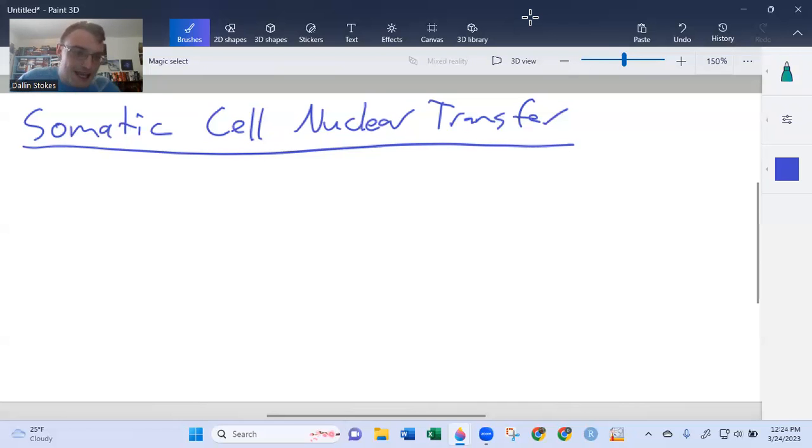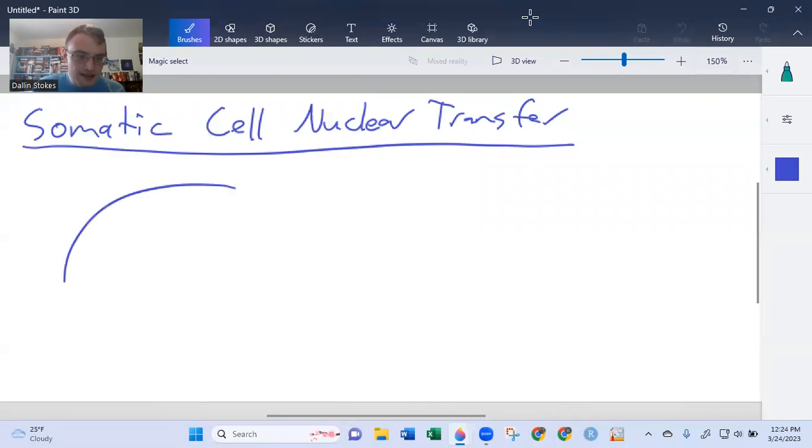But if we were to take an egg cell from some woman and fertilize it, it's going to be completely randomized and it's not going to be genetically identical to me. So somehow we have to create an egg cell that is 100% genetically identical to me. And that's what we're going to do here in somatic cell nuclear transfer.